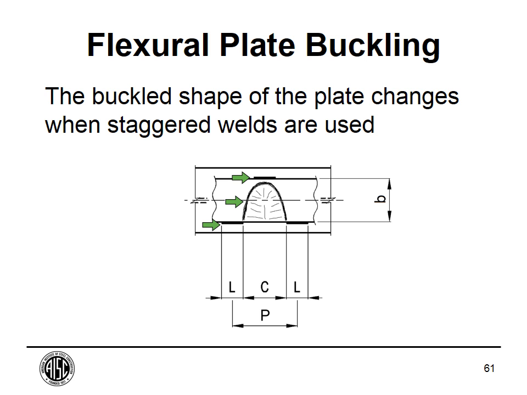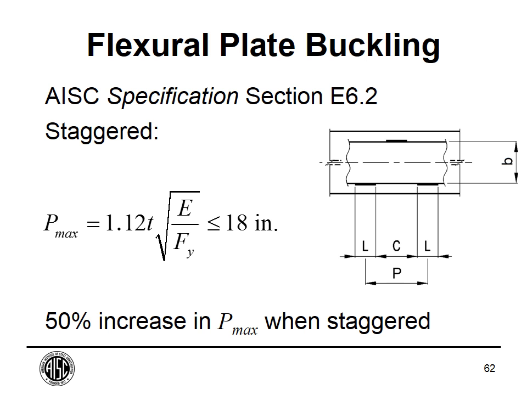So due to that change in buckle shape, I guess for the professors out there, it creates more work, more energy to cause that buckle. Therefore, the AISC specification accounts for that. So you get a 50% increase in P max, 1.12 versus 0.75, and you get 18 versus 12. Okay, so there is a benefit to the staggered welds.